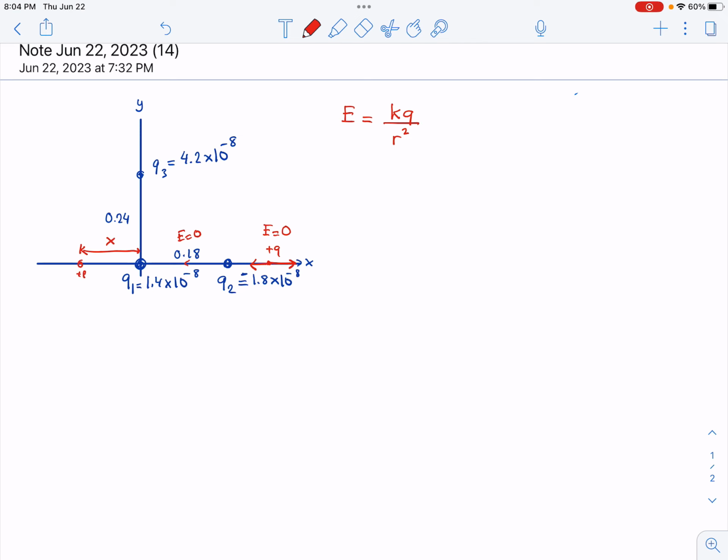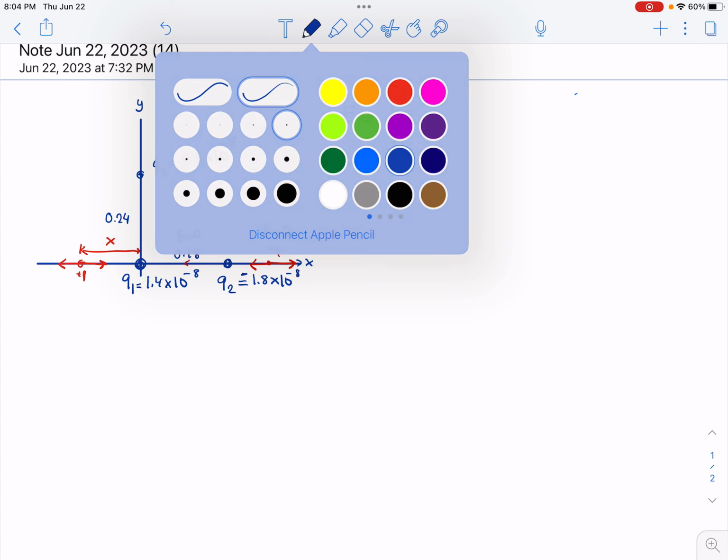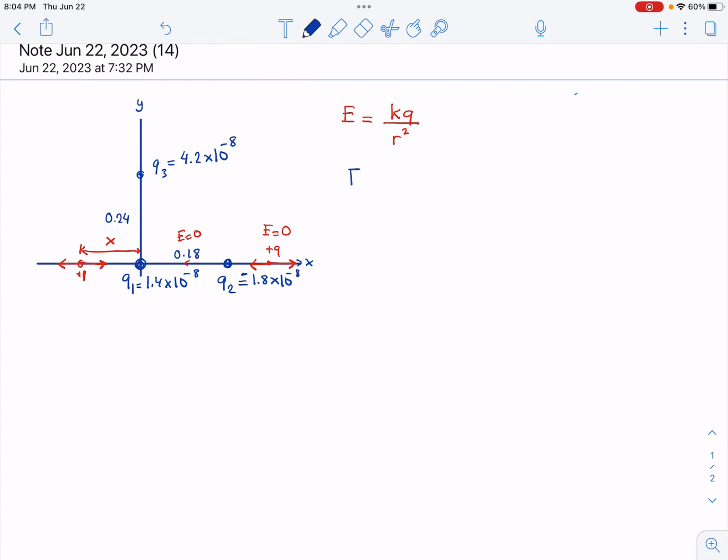So if you put a positive charge there, Q1 is going to repel and Q2 is going to attract, and there is a way they can balance each other. So let's write that out. F1 will be equal to F2 at that x point. F1 is K times 1.4 times 10 to the negative 8, over x squared.